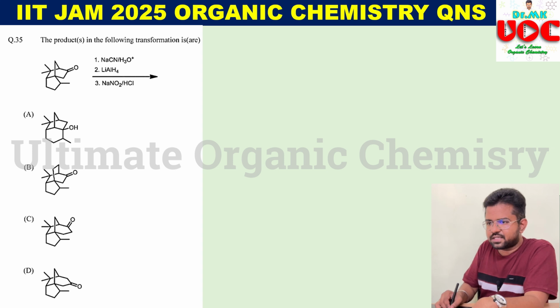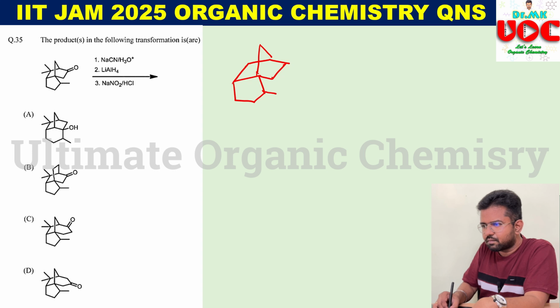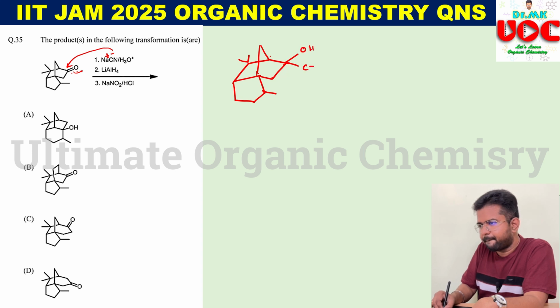The products of the following reactions are, okay, again this is an interesting question. Initially the CN minus will attack the C double bond O, and after protonation it will form the corresponding cyanohydrin. When the cyano group is treated with lithium aluminum hydride, it will be converted into the corresponding primary amine.